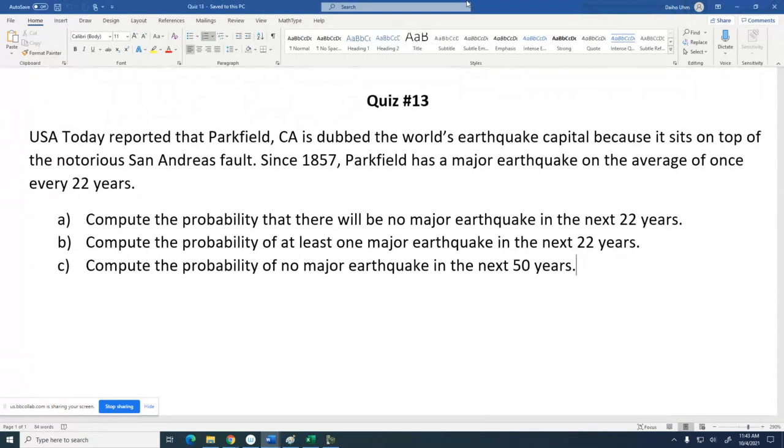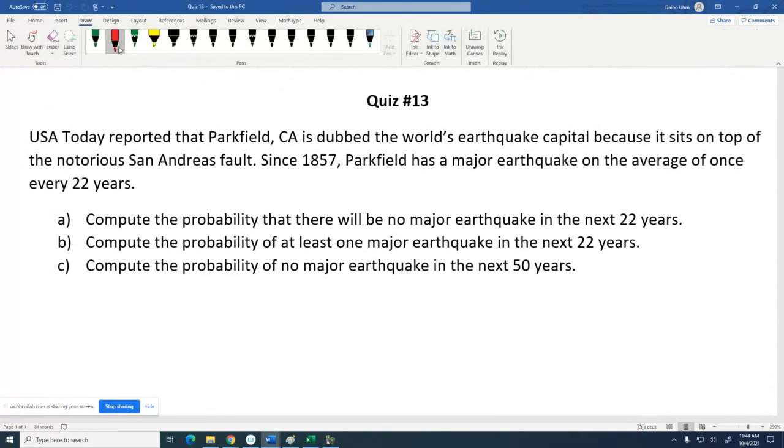For the Poisson distribution, we need the average. We need the lambda. Now here the lambda is the average number of earthquakes in 22 years. How many earthquakes in 22 years on average? Just once. Once in 22 years.